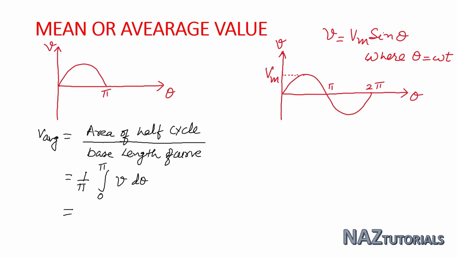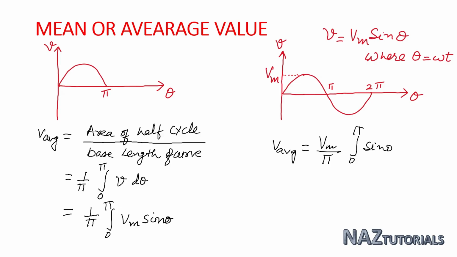The value of v is Vm sin θ. So V average equals Vm by π, integral from 0 to π of sin θ dθ. The integration of sin θ is minus cos θ for the duration 0 to π.